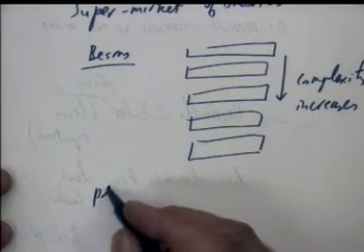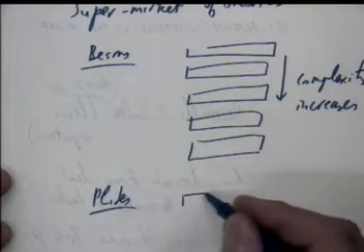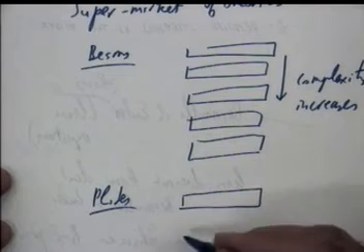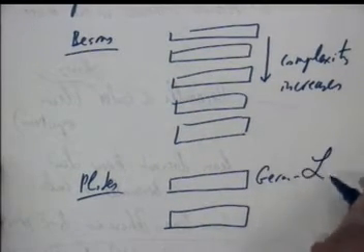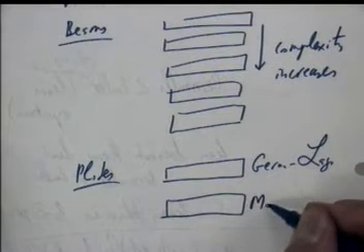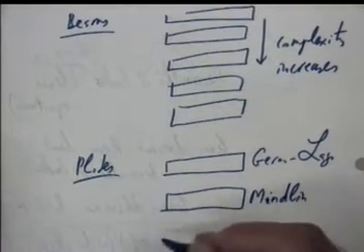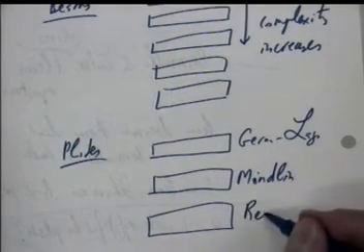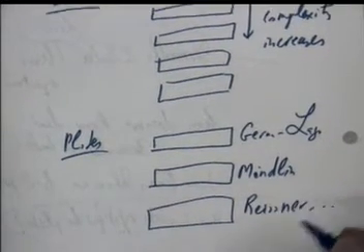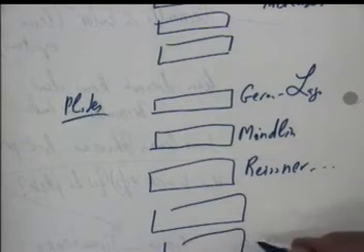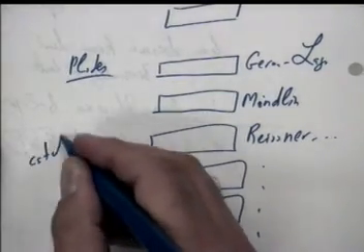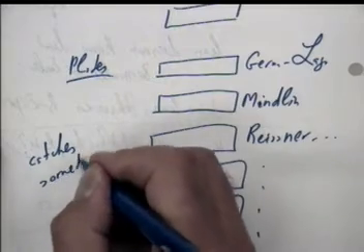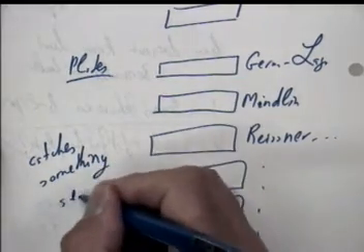Analogously with plates, we have the Germain-Lagrange equations. Then we have something like Mindlin plates. Then there are Reissner plates, etc., etc. There are many theories. So each theory catches something additional.